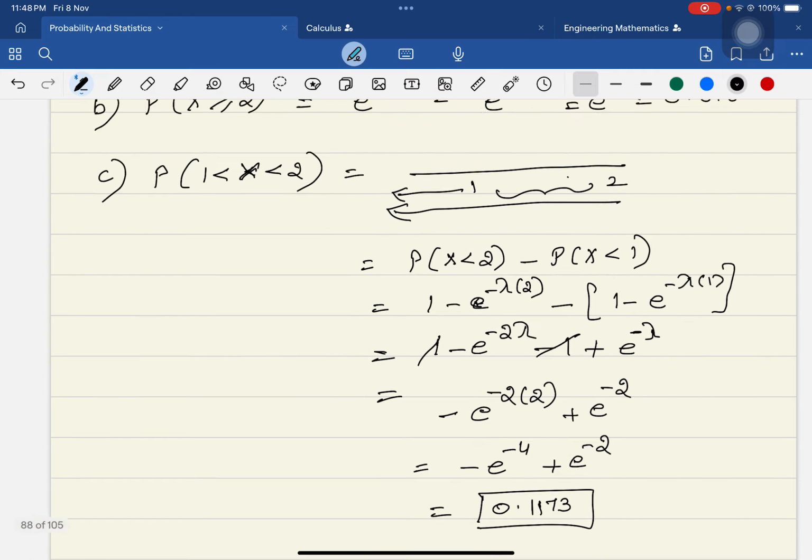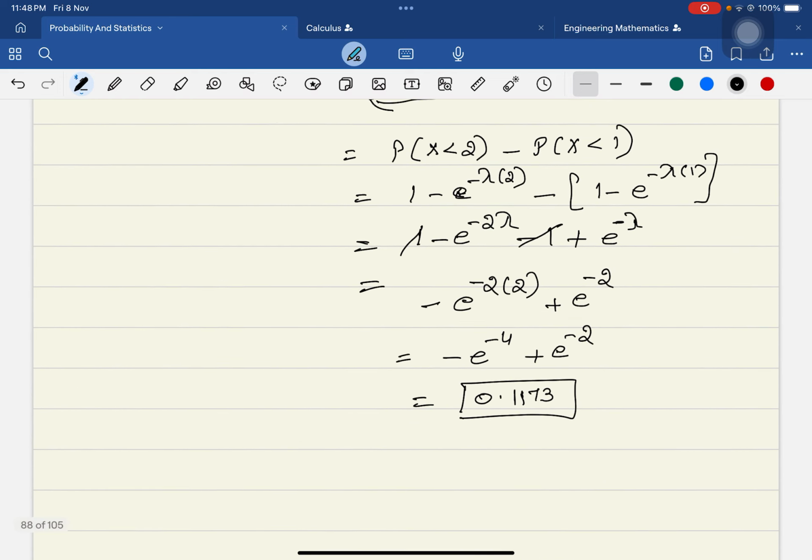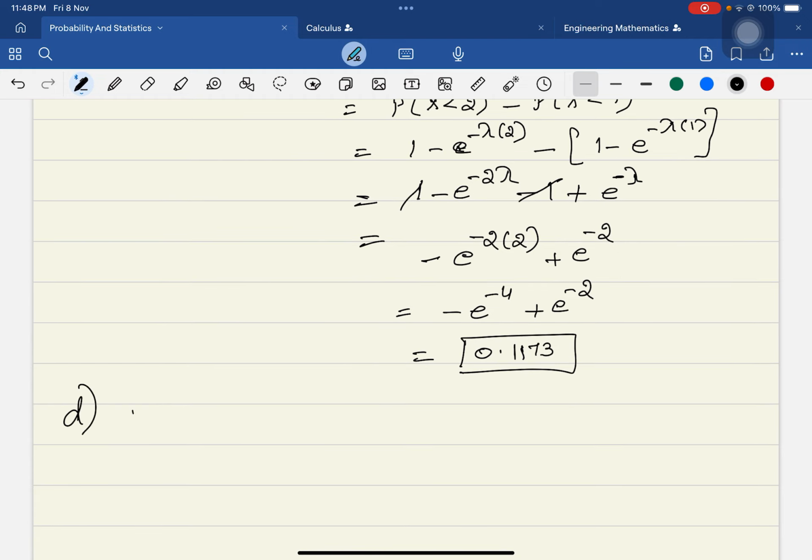Yes, and then what is the next question in this? Find x such that P of x less than x is 0.05. Already the probability is given to you. You are going to find out for what value of x it is 0.05. So the formula is 1 minus e raised to minus lambda x is 0.05.